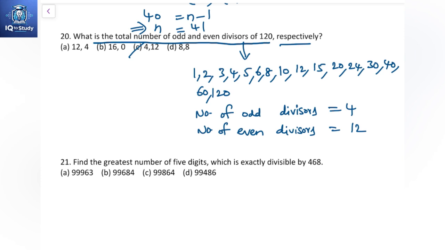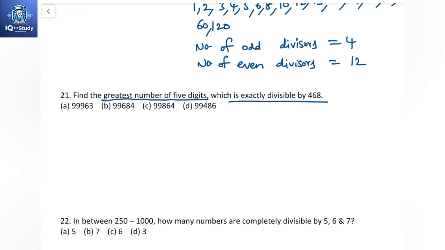What is the greatest number of 5 digits which is exactly divisible by 468? The greatest number of 5 digits is 99,999.